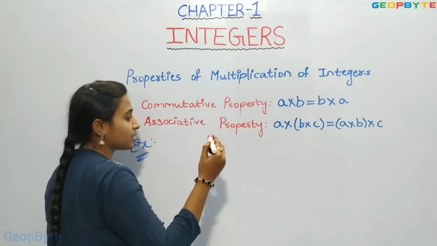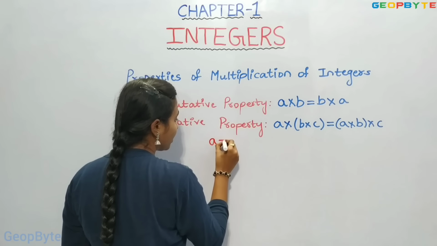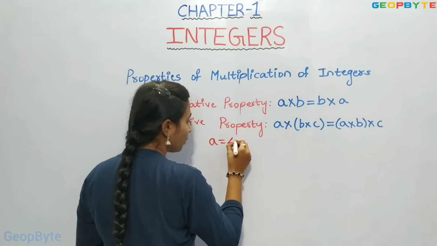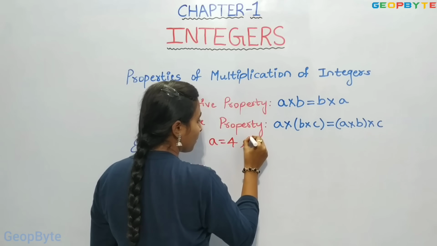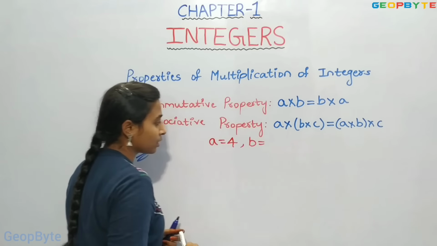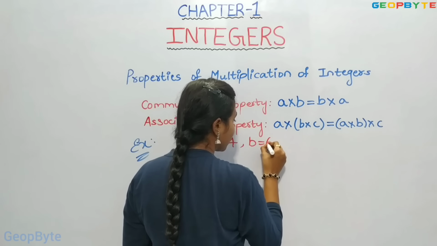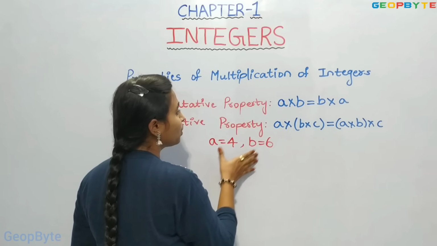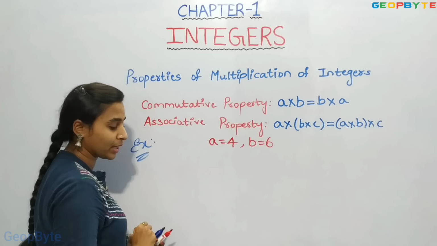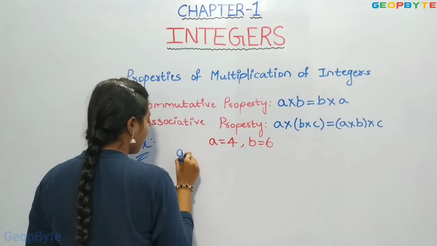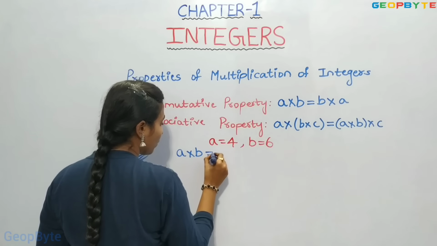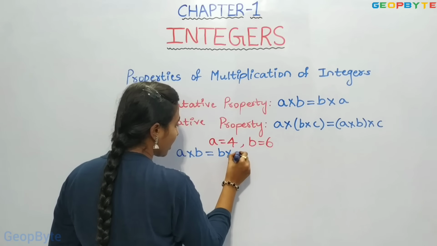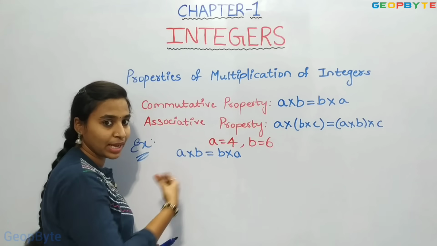Let us consider A is equal to 4, B is equal to 6. Now let us substitute these two in this commutative property. A into B is equal to B into A. This is the property we have.